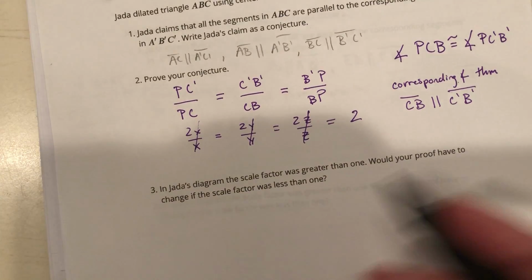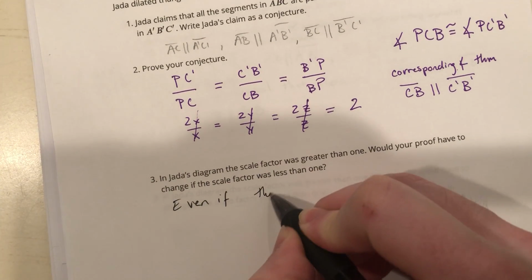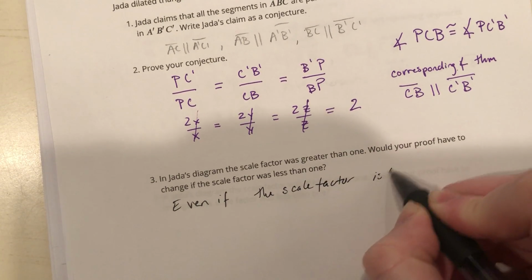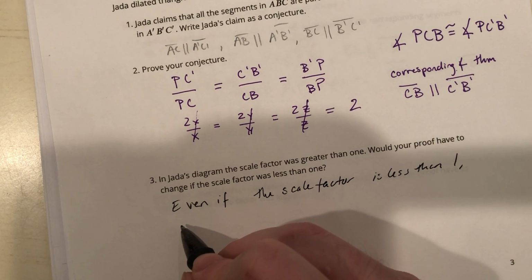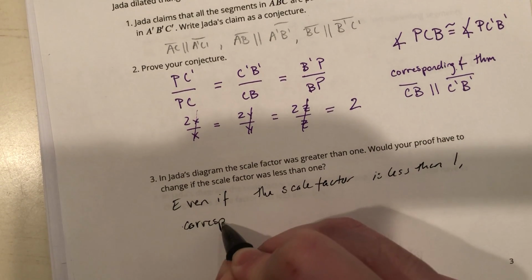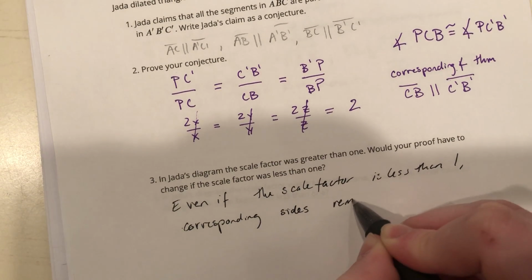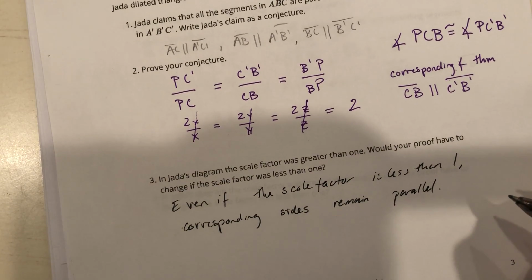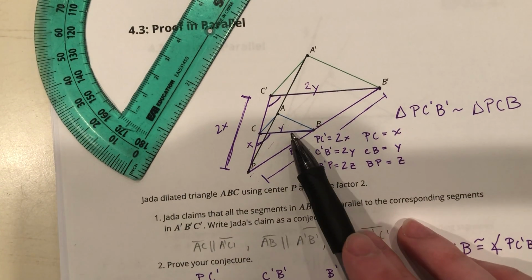So even if the scale factor is less than 1, corresponding sides remain parallel.